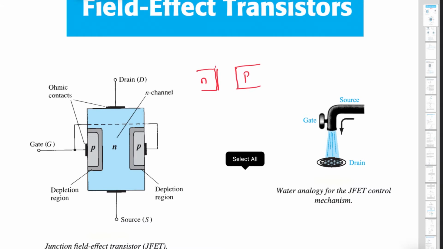There is a layer created in between these two, because N type will have electrons as charge carriers and P type will have holes as charge carriers.